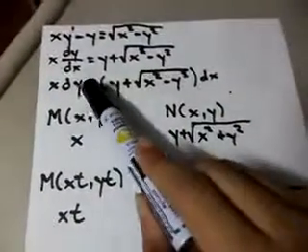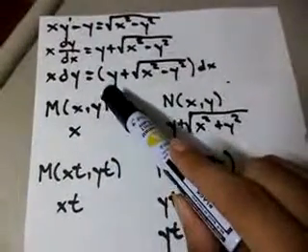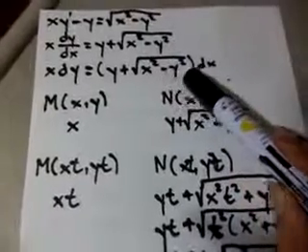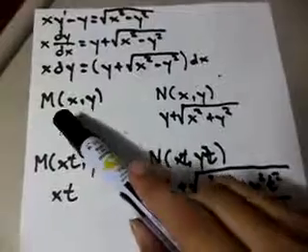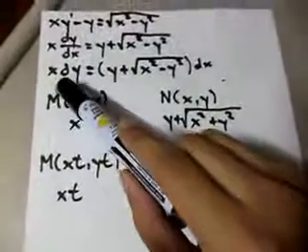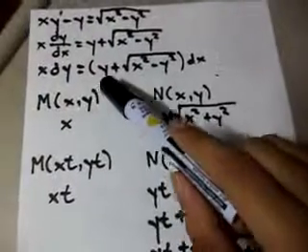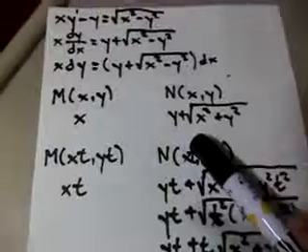Then rewrite the equation. You'll have x dy = (y + √(x² - y²)) dx. Now we have our M(x,y), which is x, and the N(x,y), which is y + √(x² - y²).